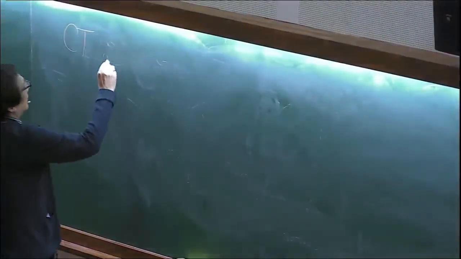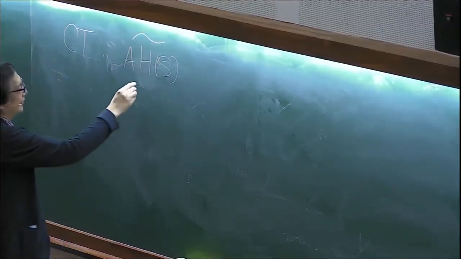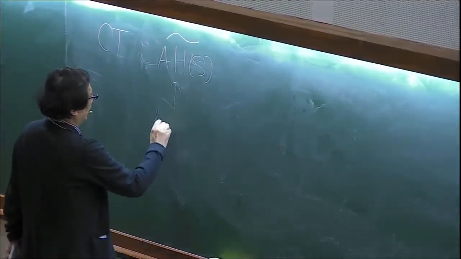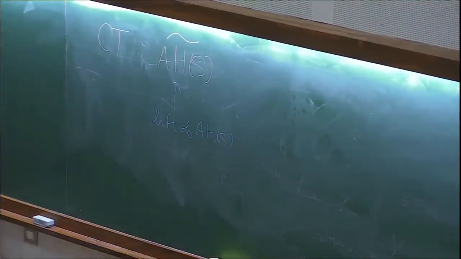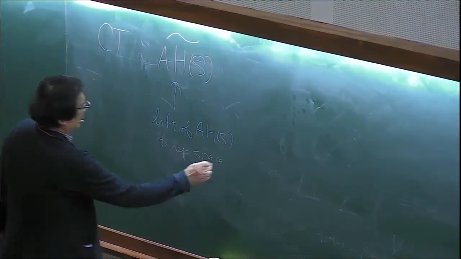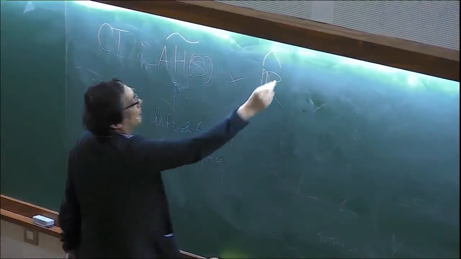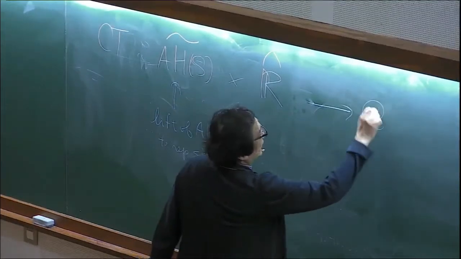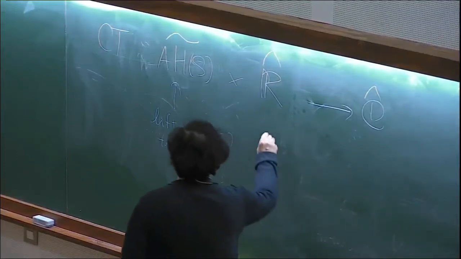It's a map from, well, it's not exactly AH of S, but a lift of AH of S into the representation space, before modding out by conjugacy, times the one-point compactification of the real numbers, to the Riemann sphere. So it is defined by this.